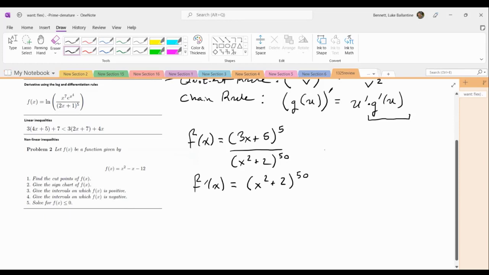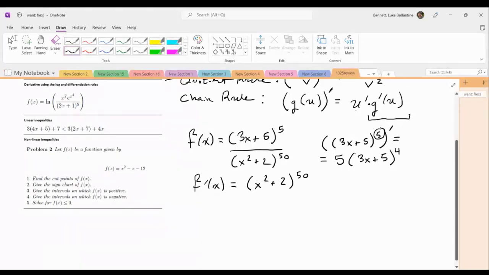And so d high would be the derivative of (3x plus 5) to the fifth. This is equal to, take the derivative of the outside function. The outside function is just something raised to the fifth. So we're going to use the power rule right here: 5 times (3x plus 5) to the fourth. And then multiply by the derivative of the inside.